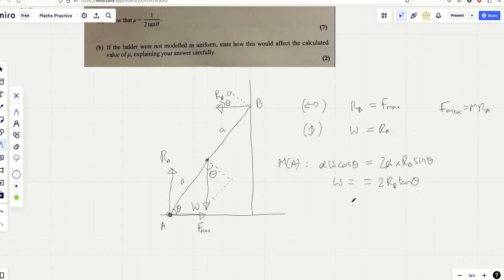Okay, so what are we going to do now? I reckon we should try and get everything in terms of the same thing. So F max is RB. And now I can also say RA is W. But W is 2RB tan theta.